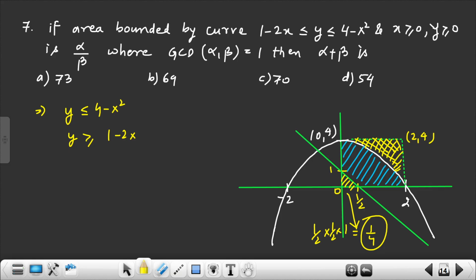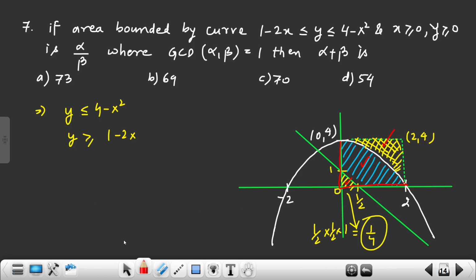So basically this area, how can we find? We can use one method, that this is one part, this is one part, this is one part. So this rectangle has been distributed in how many parts? 3 parts, and this portion is 2/3 of the total, right?